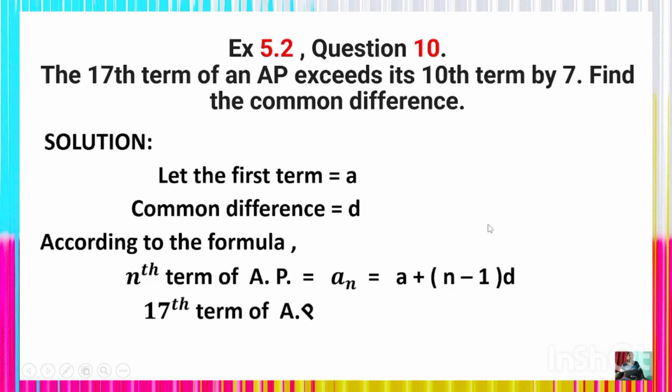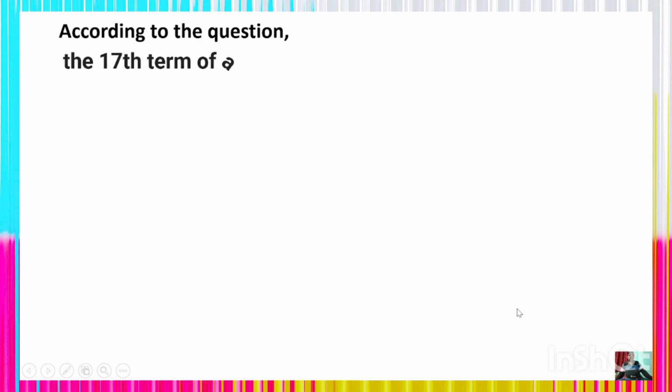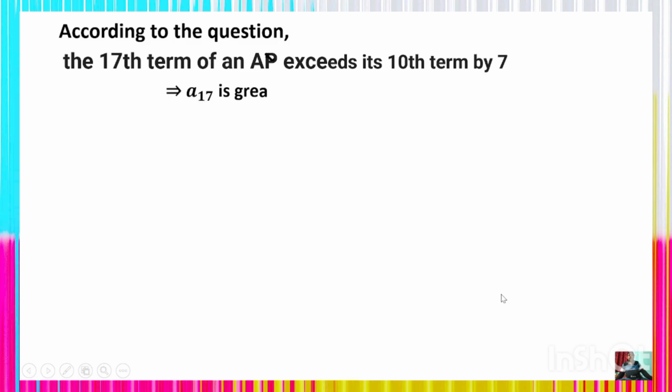Thus the 17th term of the AP, a17, is a plus 16d, and the 10th term, a10, is equal to a plus 9d. So according to the question, the 17th term of an AP exceeds its 10th term by 7.